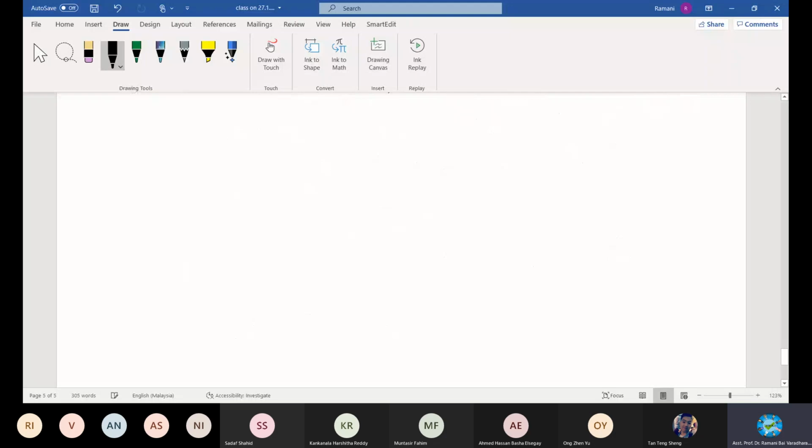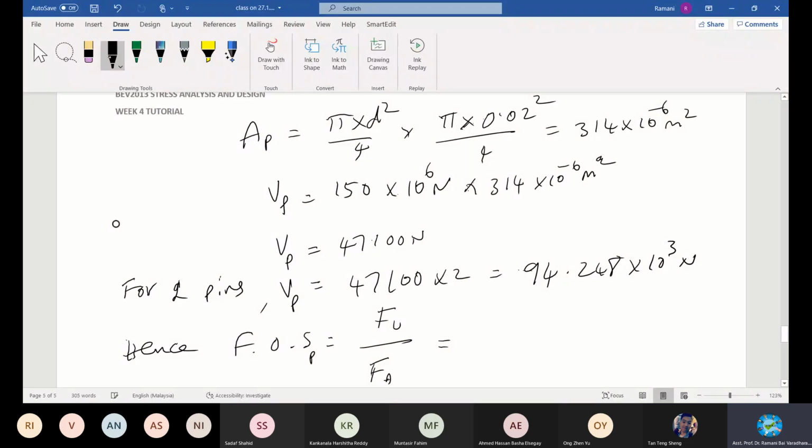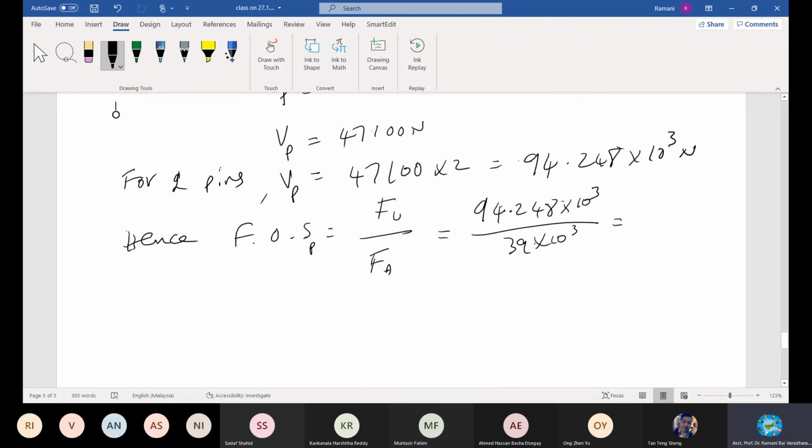So ultimate is 94.248 into 10 power 3 divided by allowable 39 times 10 power 3. What is the value? With this our answer is completed. I found the factor of safety with which it is constructed, 2.42, isn't it?